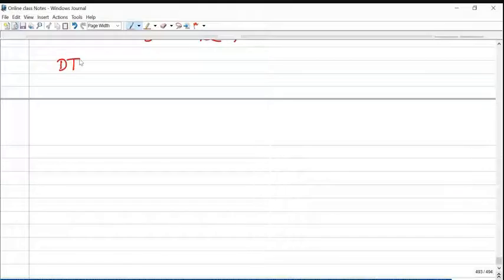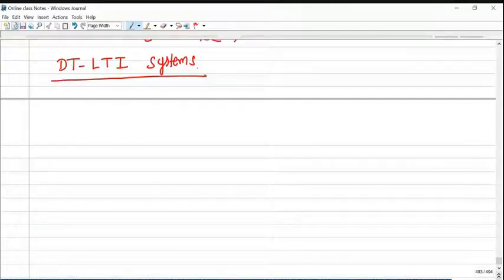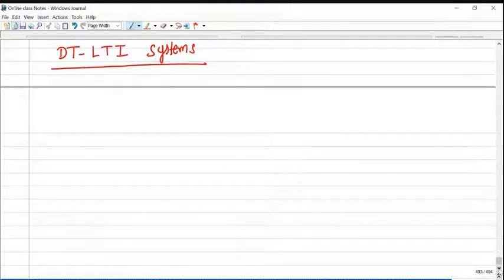Discrete time LTI system. How to solve discrete time LTI system difference equations with the help of Z transform. In DTFT, I already taught you that.